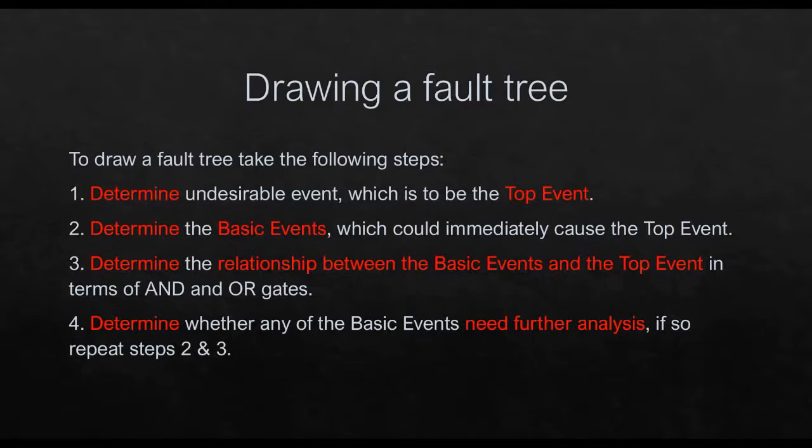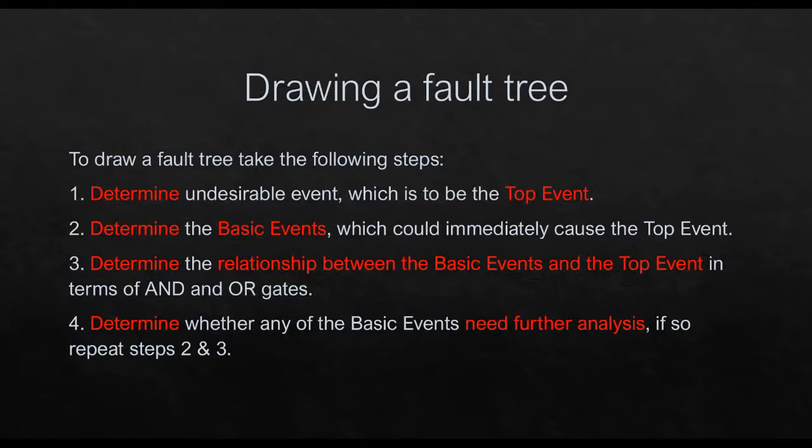The steps to draw the fault tree. First, determine the undesirable event, which we call the top event. We use the rectangular symbol. Then determine the basic events which could immediately cause the top event. For these basic events, we might use the circle symbol, diamond symbol or the oval symbol.